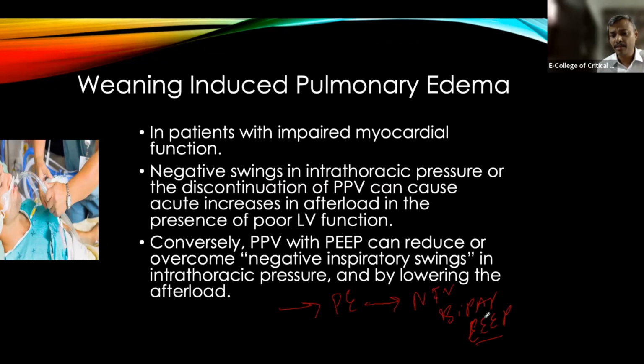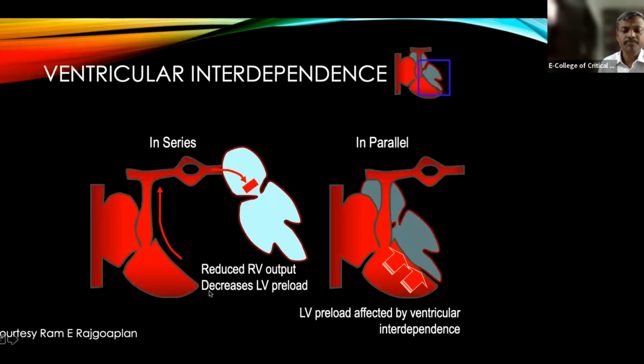This EPAP should be kept at 8 to 10 and then extubate. Even in COPD it works very well actually. So this is why the guidelines have come: to prevent weaning induced pulmonary edema, we are extubating directly to BiPAP. That is very important. BiPAP means NIV 12, 14, something like that.